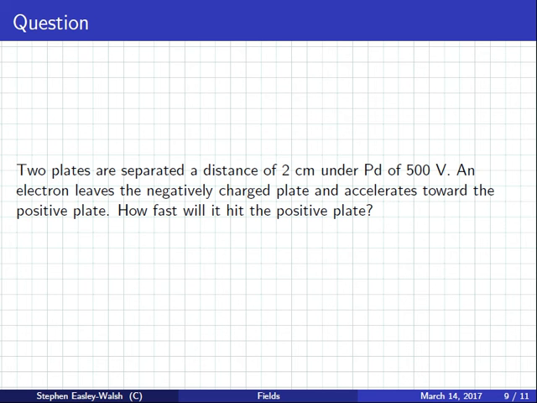Wait, so we don't use G as 9.81? Are you seriously asking me? Because I will come there and slap you. You said don't use gravity. Yes. So we don't use it. Yes. So we only have the distance and the U. Yeah.